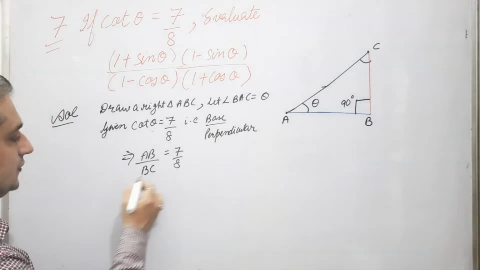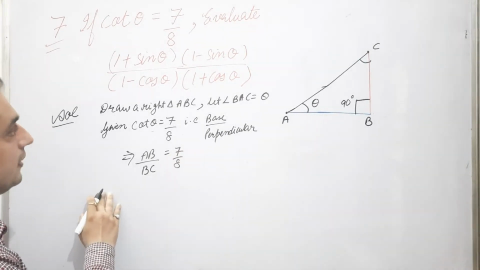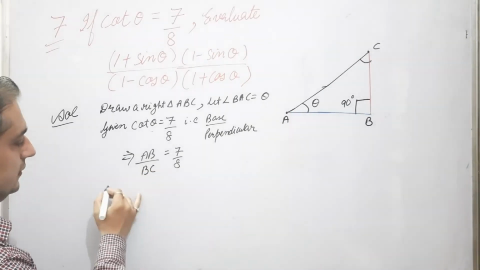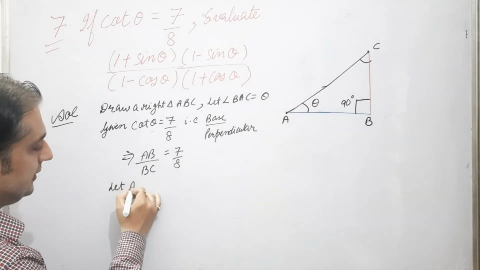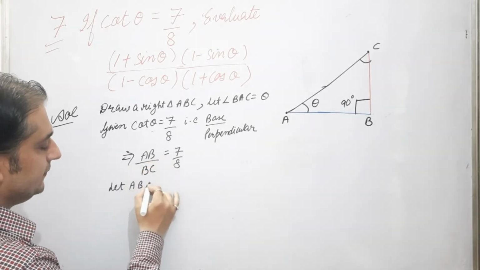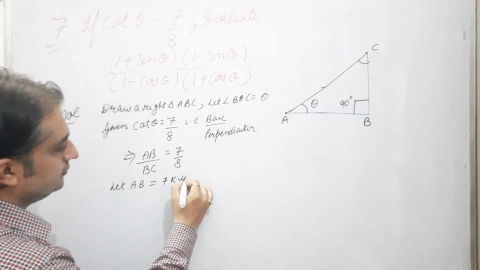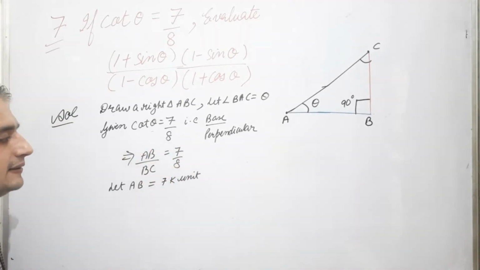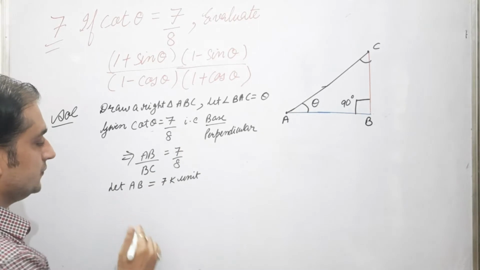Similarly, same steps that you have done in the previous questions. So let the length of AB be equal to 7k unit, because here it's not the length of the side, it's a ratio. Okay?